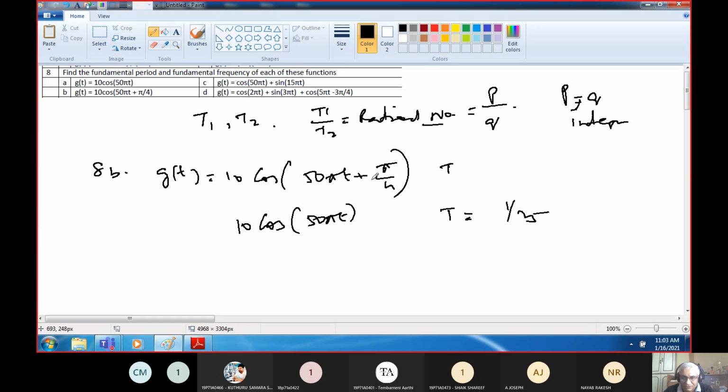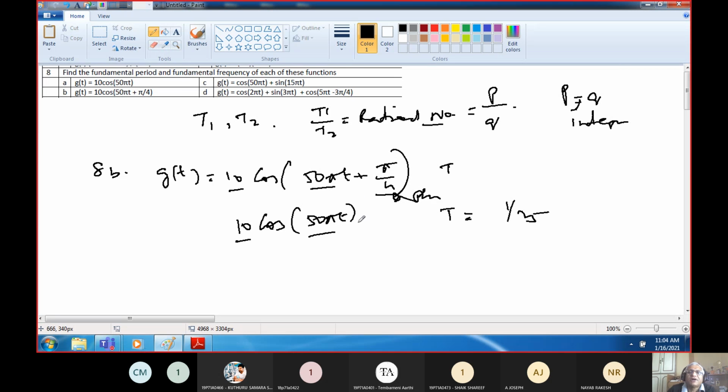That is why I told you in the beginning that every signal will have amplitude, frequency, and a phase. So this pi by 4 is actually the phase term. Whenever t is not there, that means a simple angle, this is called a phase.